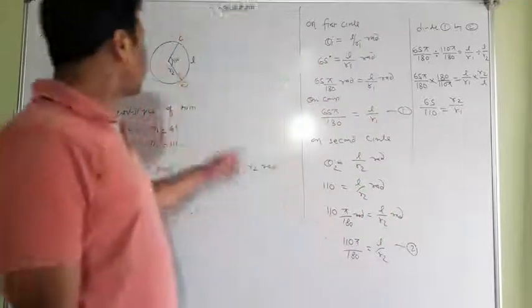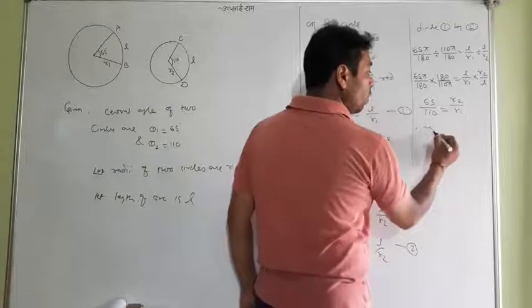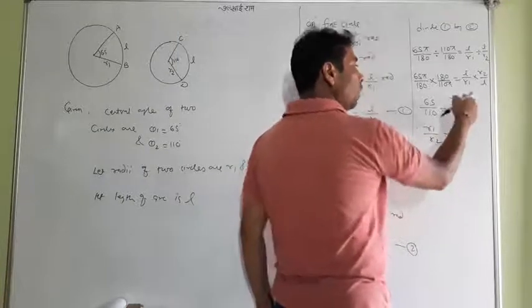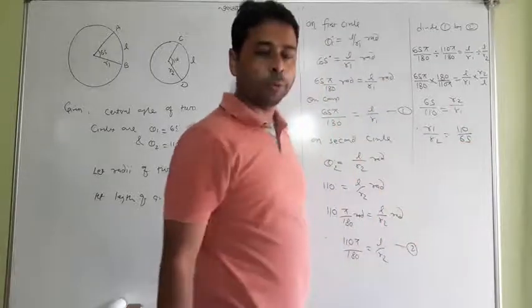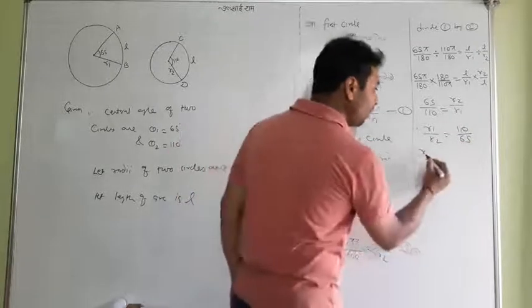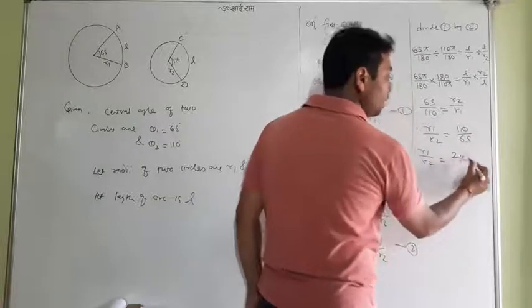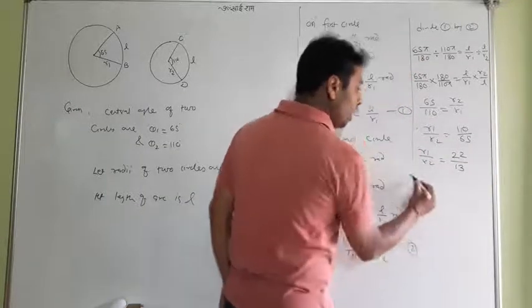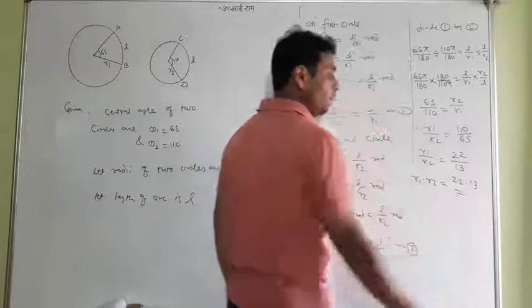You want to find R1 upon R2, so you convert these. If I take the reciprocal, it also automatically reciprocates itself: 110 upon 65. Now cancel by 5: 5 twos are 10, so 22, and this is 13. So R1 is to R2 is 22 is to 13, and this is the answer.